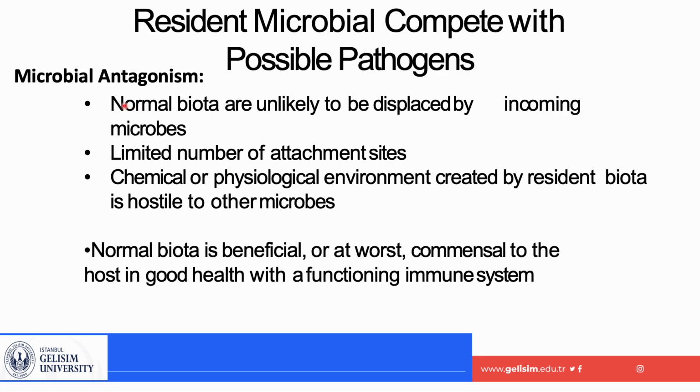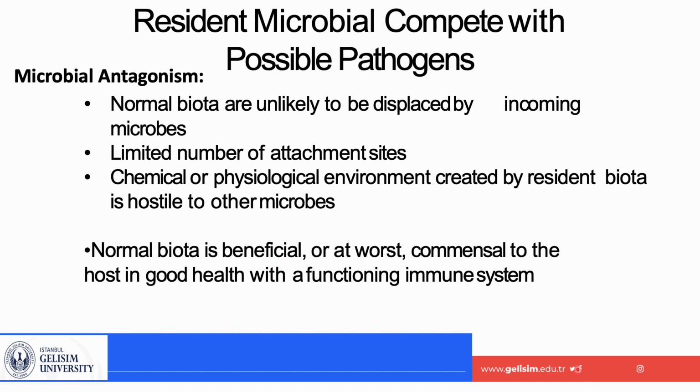Microbial antagonism refers to the ability of the normal biota in the body to prevent the colonization of harmful microorganisms by competing for attachment sites and creating a hostile environment. There's a limited number of attachment sites in the body, which limits the number of microorganisms that can colonize a specific area. In addition, the chemical or physiological environment created by the resident biota can be hostile to other microorganisms, which prevents their colonization.